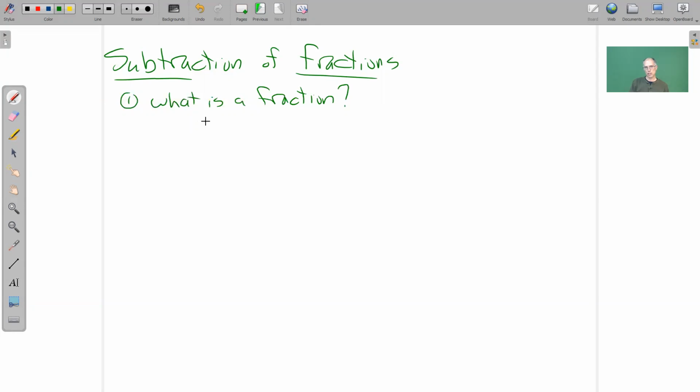The standard thing is equal parts of a whole. And the whole could be anything we want it to be. We could use a hexagon, a square, or a colored strip. And two, in this case, what does subtraction mean?